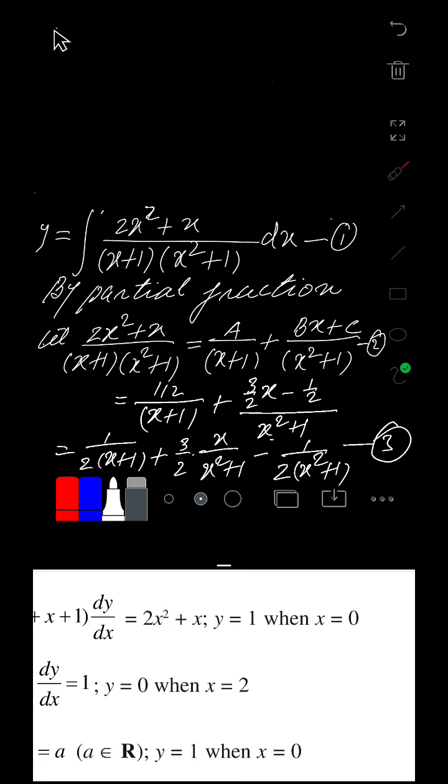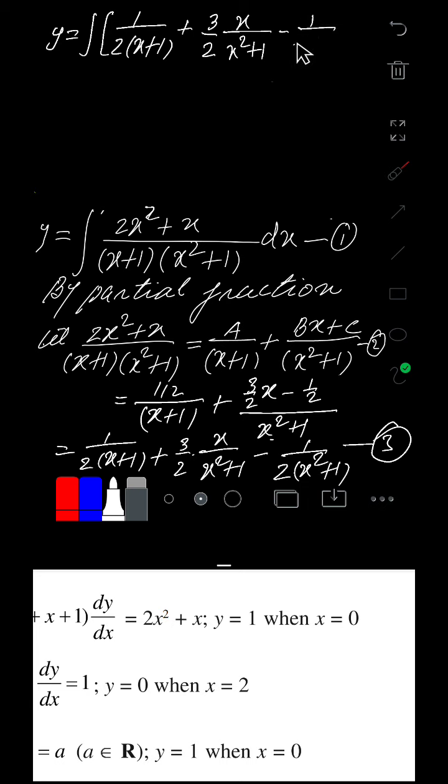So we get y is equal to the integral of square bracket 1 upon 2(x plus 1) plus 3 upon 2 into x upon x square plus 1 minus 1 upon 2 into 1 upon x square plus 1, square bracket closed.